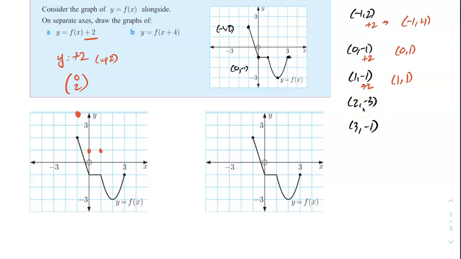For (2, -3), we add 2 to the y value and get (2, -1). And the last one, (3, -1), we add 2 to the y and get (3, 1). If we connect all this, it looks like this.